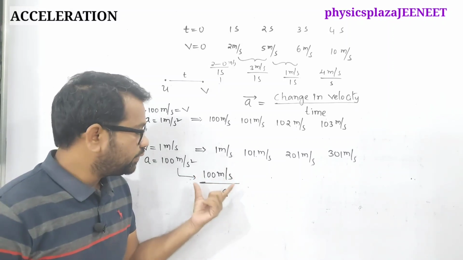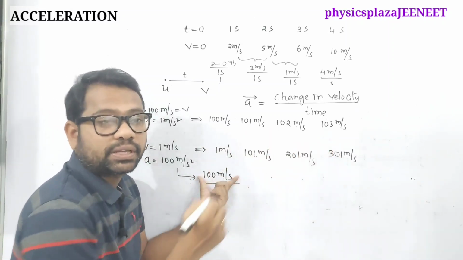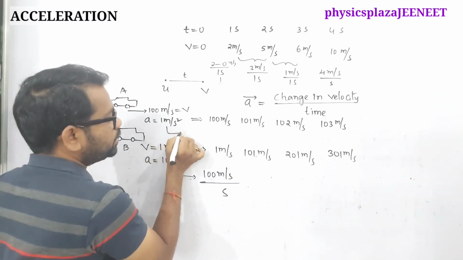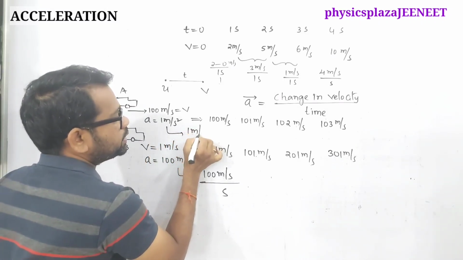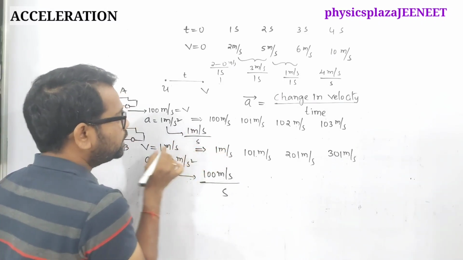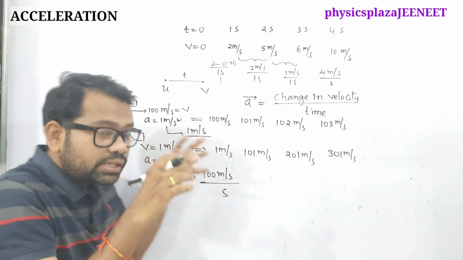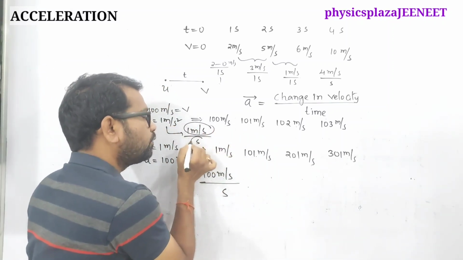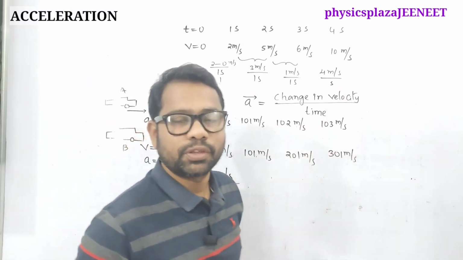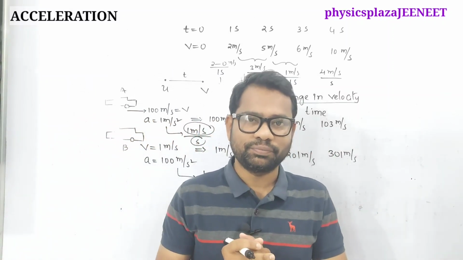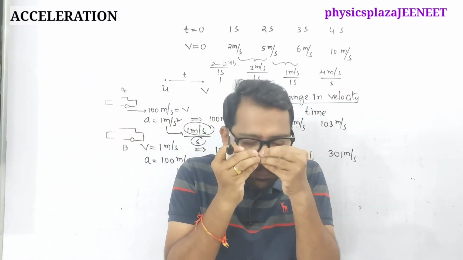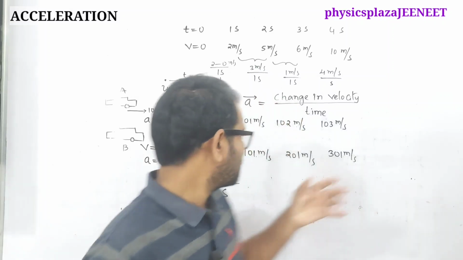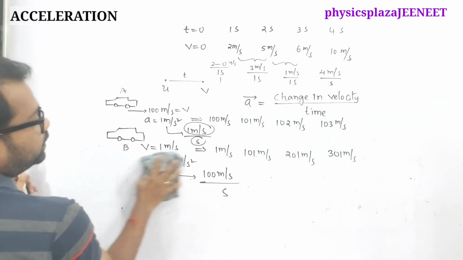So what does 1 meter per second square mean, children? 1 meter per second by second. In this case, the velocity of an object increases by 1 meter per second for every 1 second. This is the basic concept of acceleration. Just copy this. Clear?